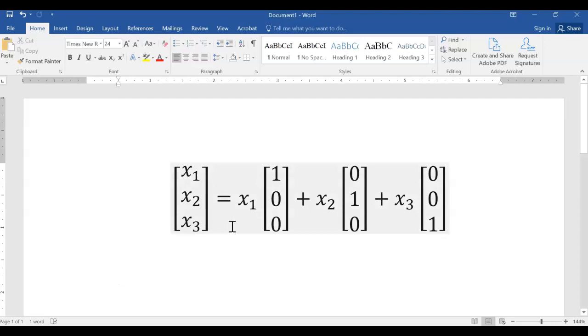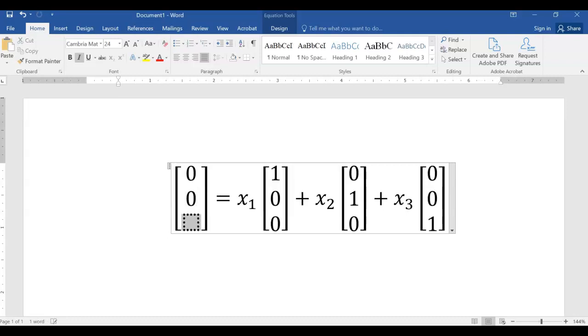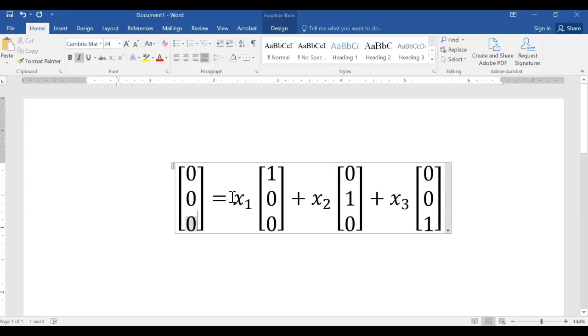Also, we can see that these are linearly independent, because the only way that we can get the zero vector, with all of the entries zero, is if we let this coefficient be zero, this coefficient be zero, and this coefficient be zero.